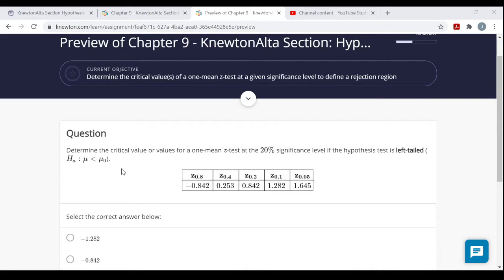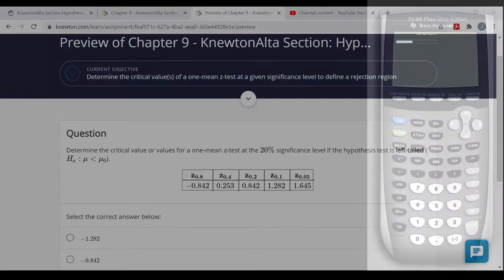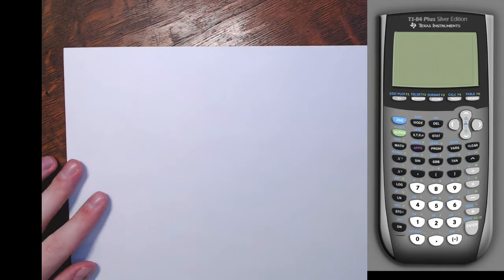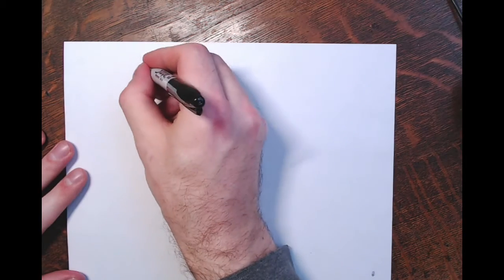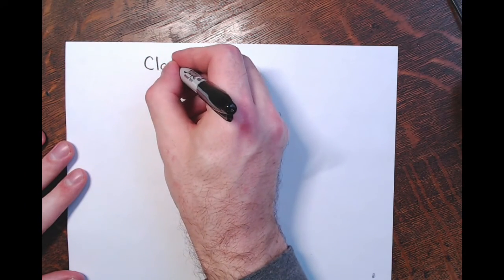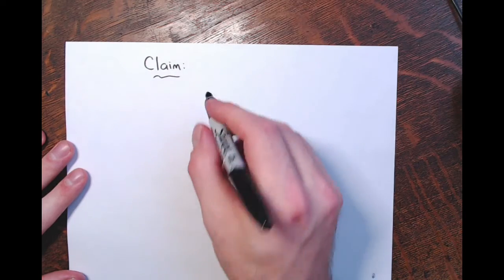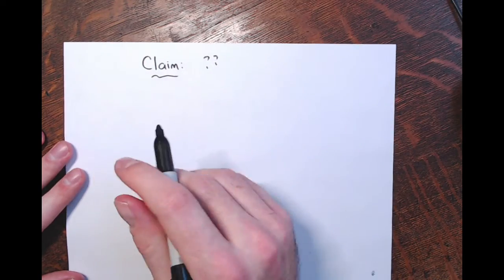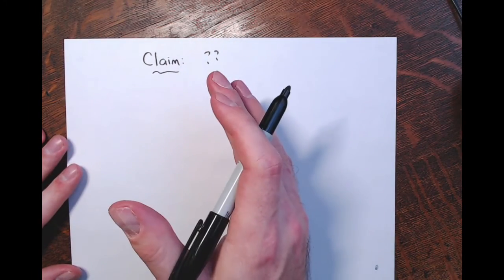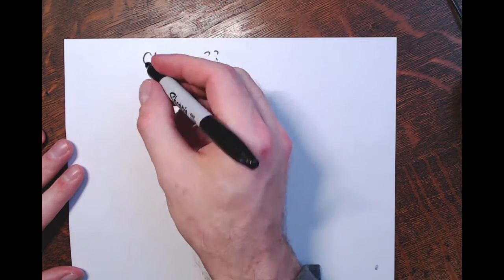If I have a left-tailed test, remember there's some claim that's made. I don't know what that is; they didn't give us any information. This isn't like a full-fledged problem.